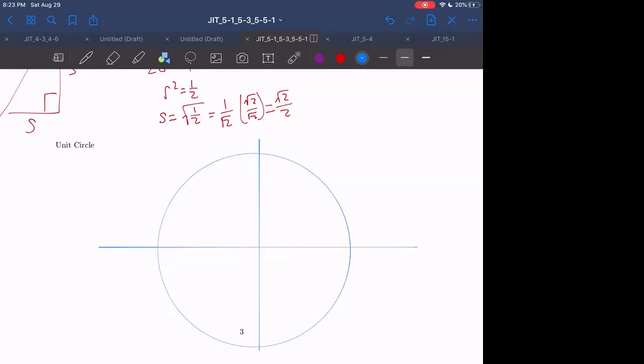All right, so then I've got, cut you this way.